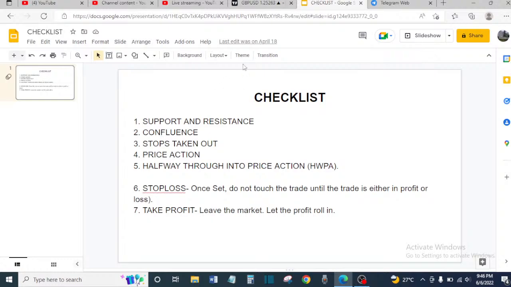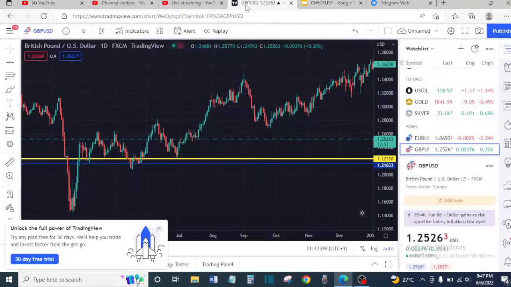The second point on our checklist is confluence. The confluence is whether price was rejected in the past at that area where price stopped. Yes, price was rejected here, and here, and here. Price wanted to go down but got rejected at this point.